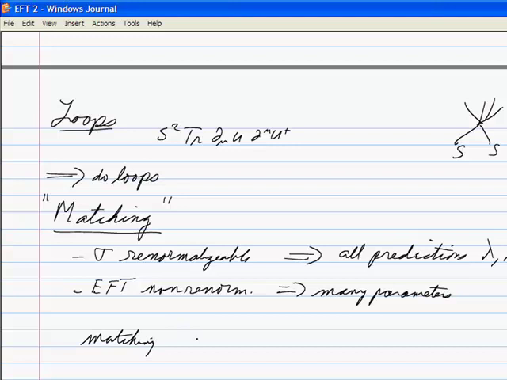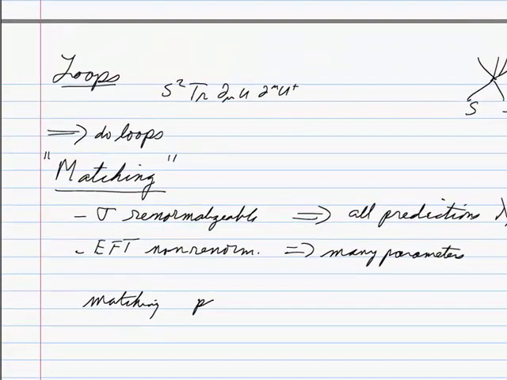is to take the parameters of the effective theory and match them to the parameters of the full theory to determine what your parameters are in your effective theory.